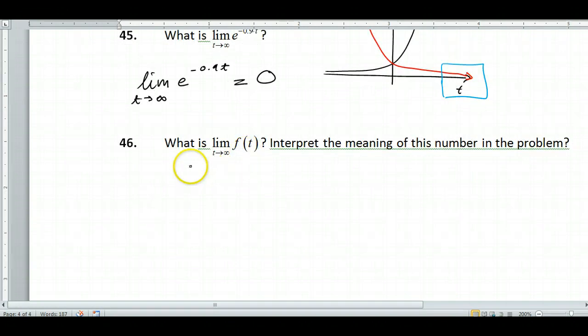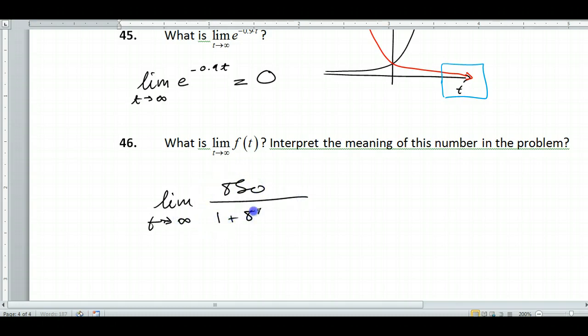What is the limit of f of t? So let's write f of t. Limit as t approaches infinity of 850 over 1 plus 84 times e to the negative 0.09t as t approaches infinity. Of course you're going to use the previous question, this piece right here is approaching 0. And you multiply this by 84.